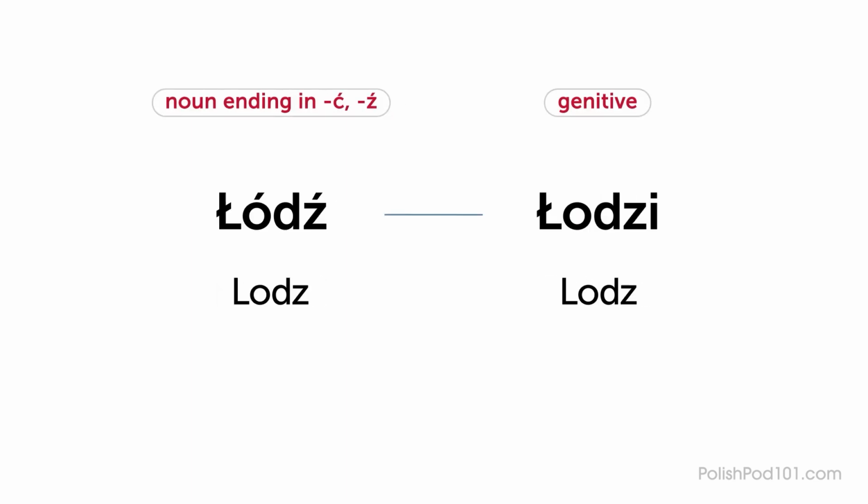If the noun ends in Ci or Zi, replace the letter with a C or Z, and attach an I at the end. Łódź, Lodz becomes Łodzi.